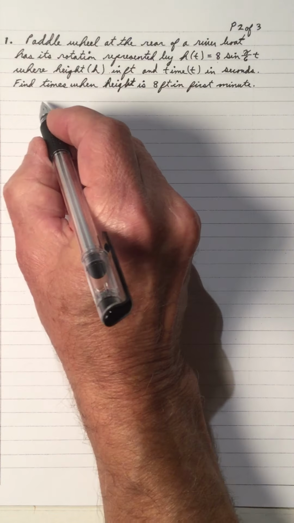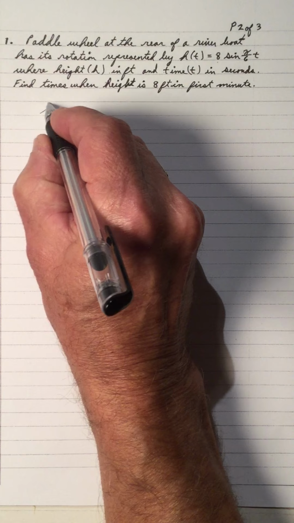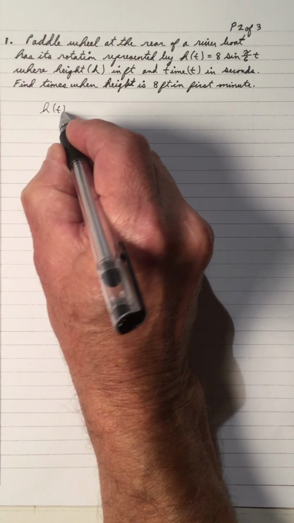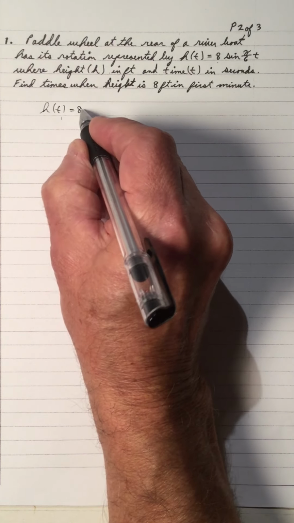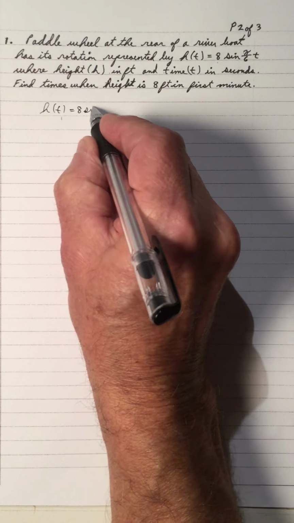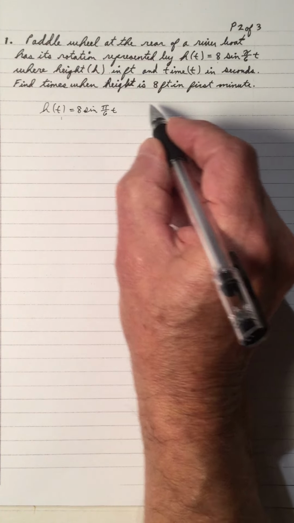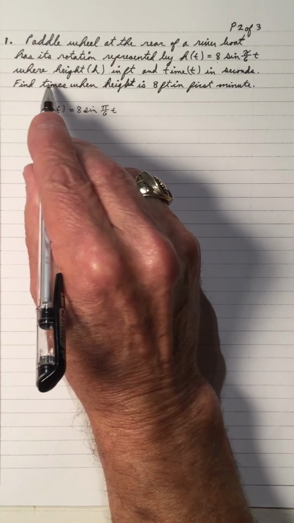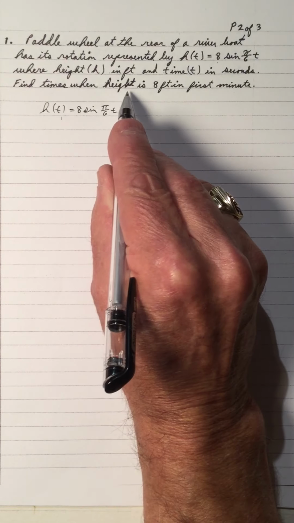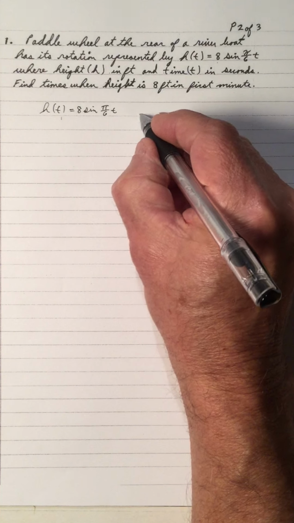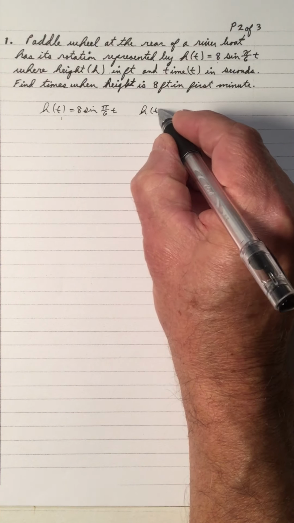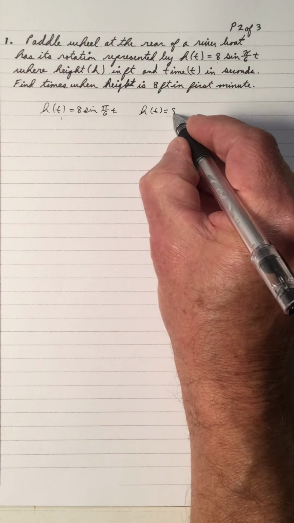So we have one equation, h of t equals 8 sine pi over 6t, and we want to find the times when the height is 8. That means h of t is equal to 8.